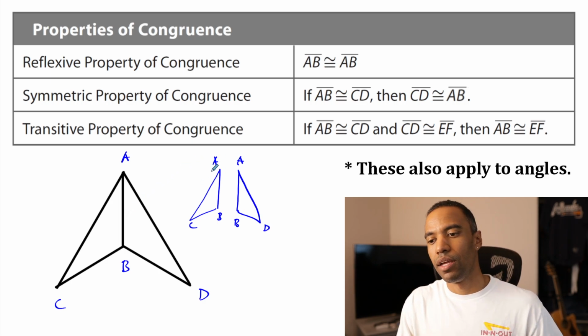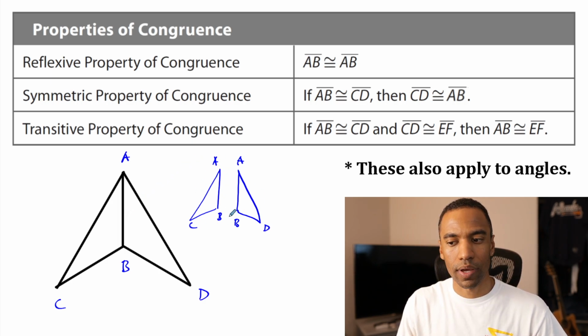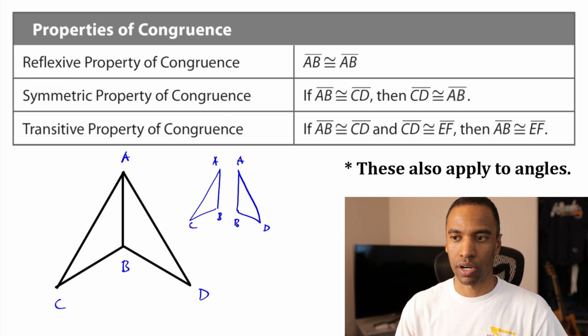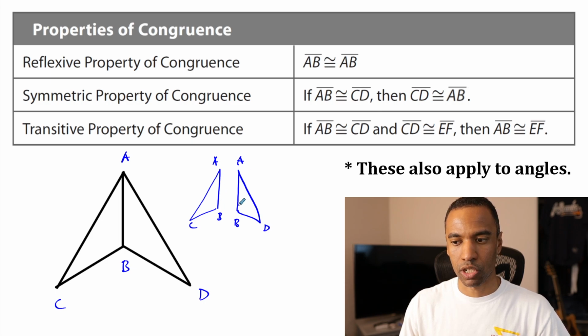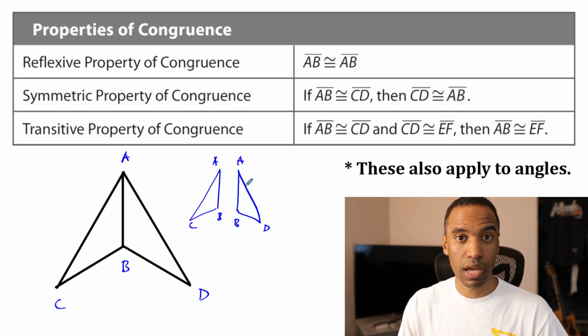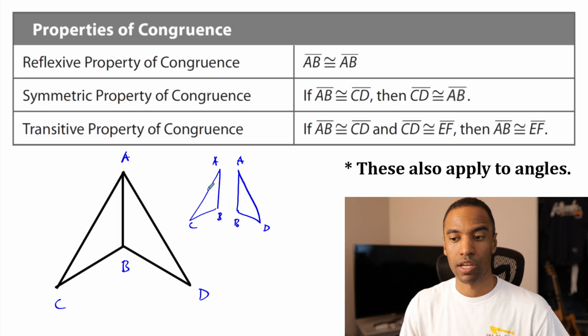Okay. Now, looking at these two when they're separate, even though they have the letters A and B here, there is no way of knowing for sure that this segment AB is congruent to this segment AB because they're separate and there's no information. We don't have a triangle congruence statement that says anything like it.